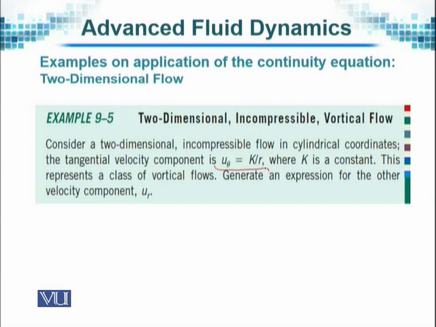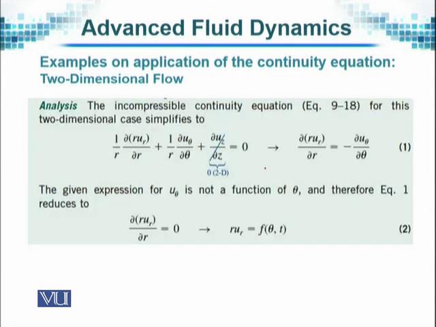Generate an expression for the other velocity component, that is in the radial direction, and we denote it by ur. Now, how to start? Again, we start with the continuity equation, but this time in radial coordinates.